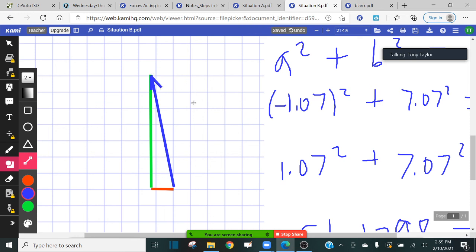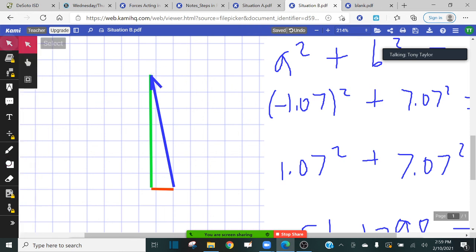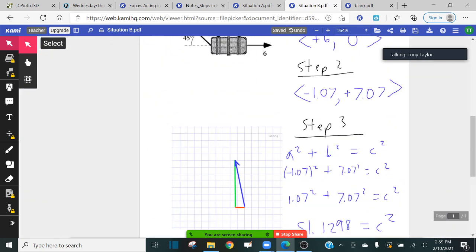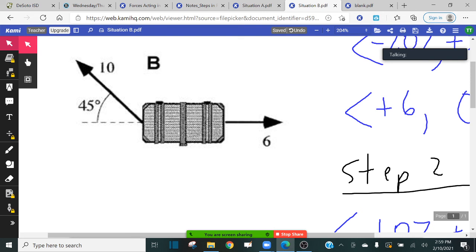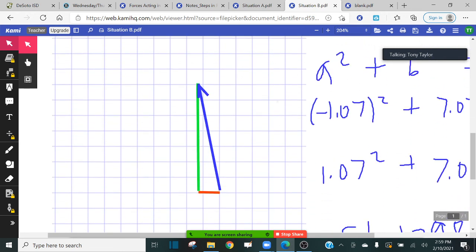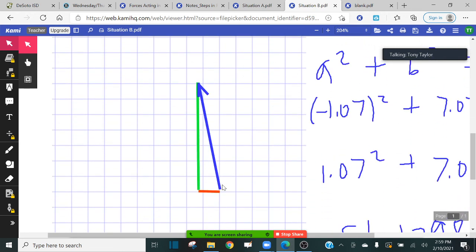Guys, look at that arrow in blue. Hopefully it should be obvious. If I pull this treasure chest with one force acting in that direction and another force acting in that direction, and both forces act simultaneously, then the object is going to move along the direction of the blue arrow. It's going to move up and to the left diagonally like that. Does that make sense, guys?